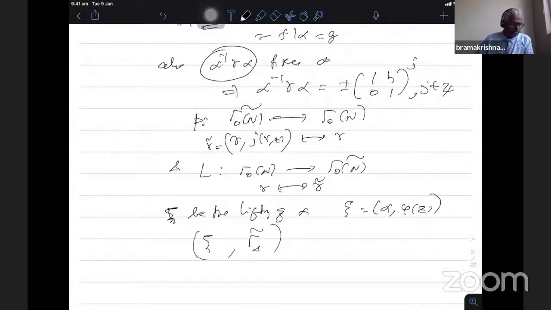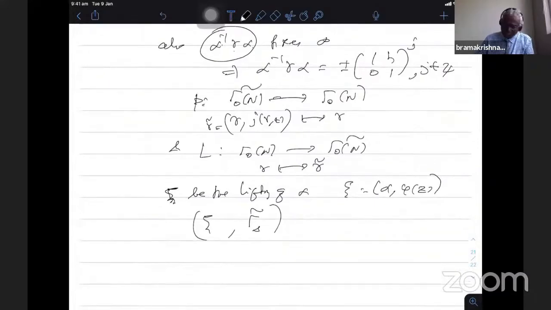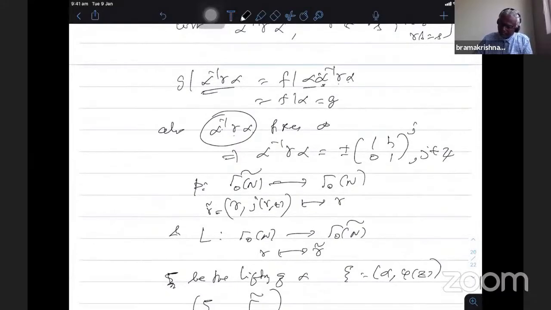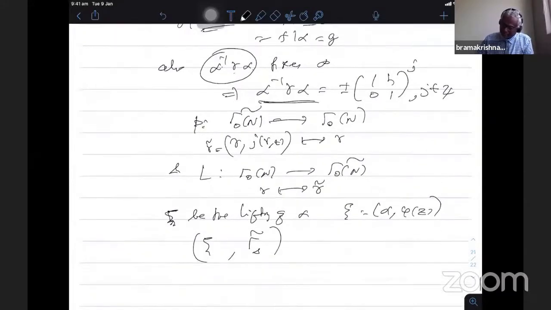Then alpha inverse is nothing but psi inverse gamma tilde alpha psi. This belongs to the lifting of this one.